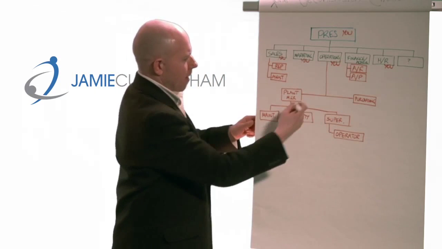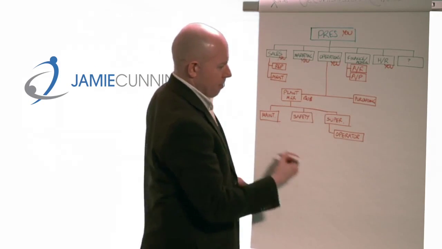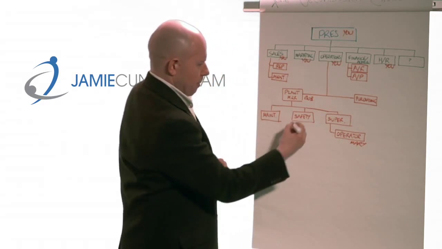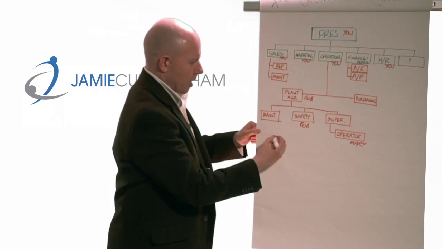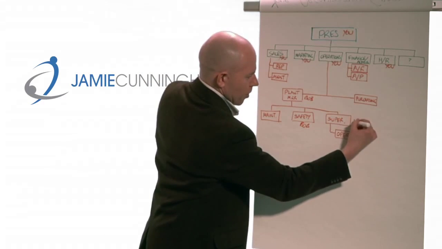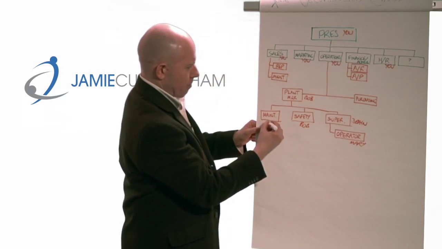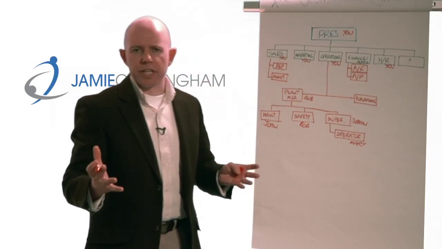You might have Bob that does this, and maybe Mary's down here. Maybe Bob's also safety, and maybe John is superintendent and maintenance. All right, let's say that's how it looked, for example.